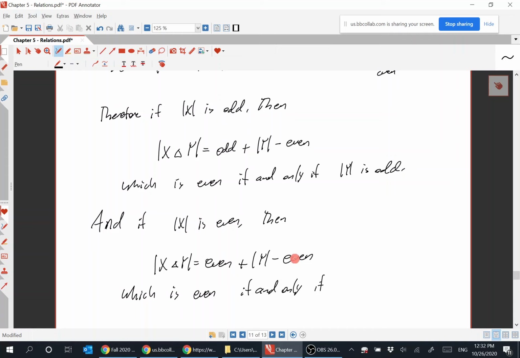Even plus even is even, plus the order of Y remains even if and only if the order of Y is even.